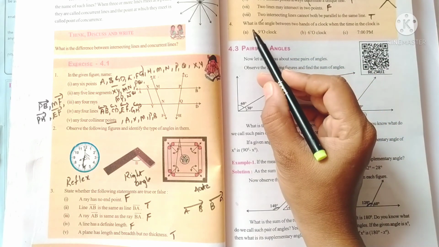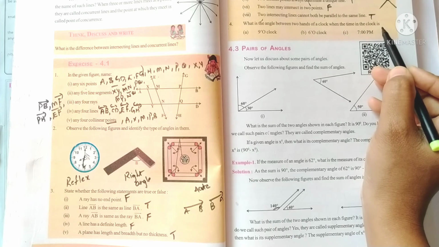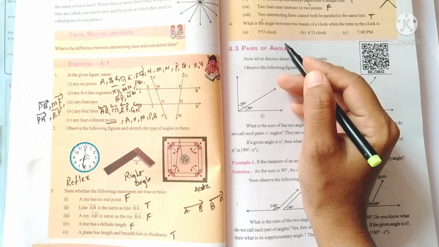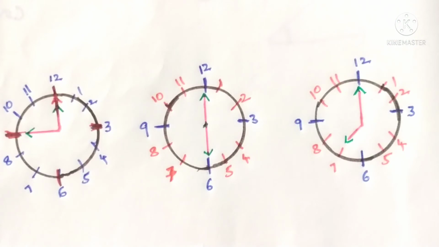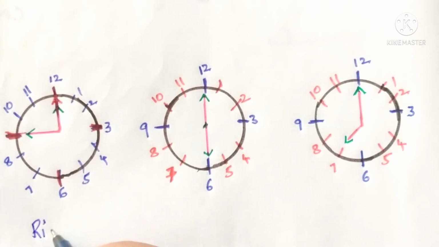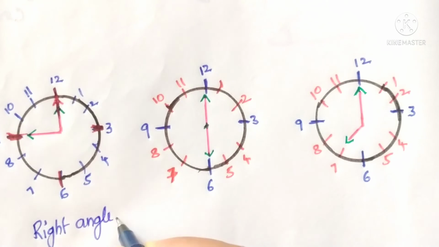Next, what is the angle between the two hands of a clock when the time is 9 o'clock? It is a right angle.